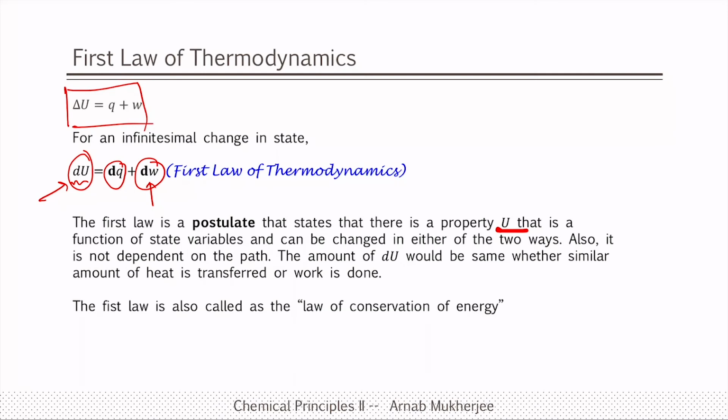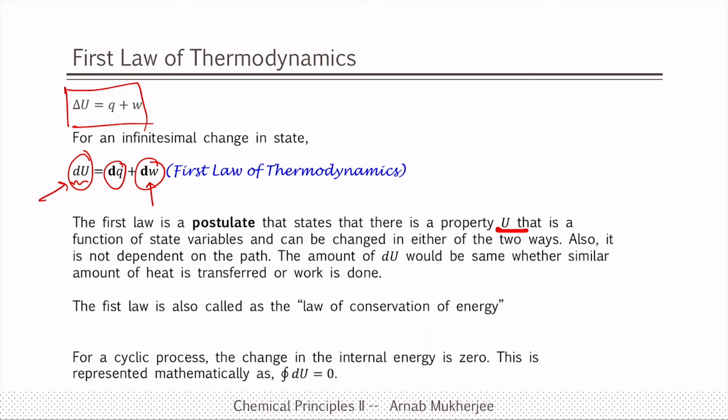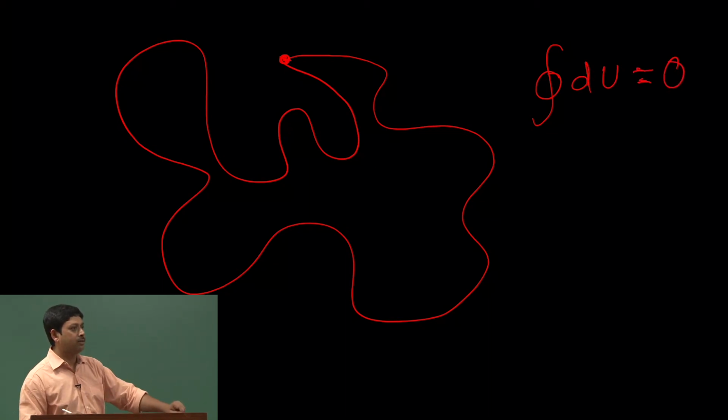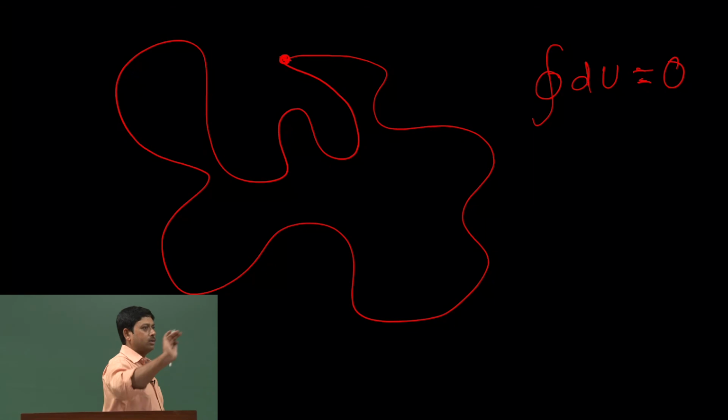So, the first law I already told, and for cyclic processes it does not depend on path anymore. If you start from here and do whatever you want, it does not depend on path. If it reaches finally the last point, then we denote that as a cyclic integral, and it will always be 0. A cyclic integral indicates that we start from somewhere, do whatever, and come back to the same point.